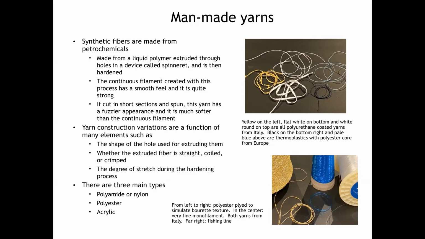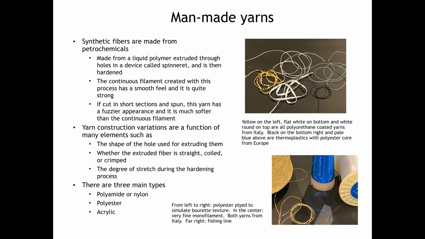The continuous filament is very smooth and quite strong, and it can be used as a single, as in the case of that blue cone that you see at the bottom of the page. Or you can actually cut it into sections and make it into a spinnable fiber. But the appearance tends to be a little bit more fuzzy and it's not as strong as a continuous filament.